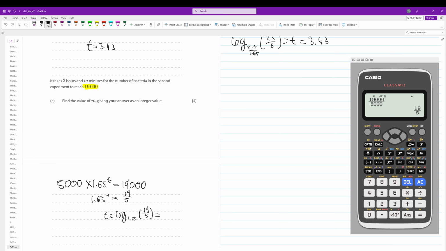Log, that's the button, base 1.65 of 19 over 5. 2.665.